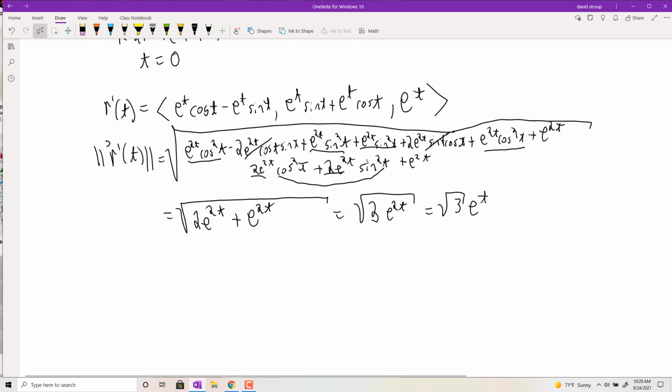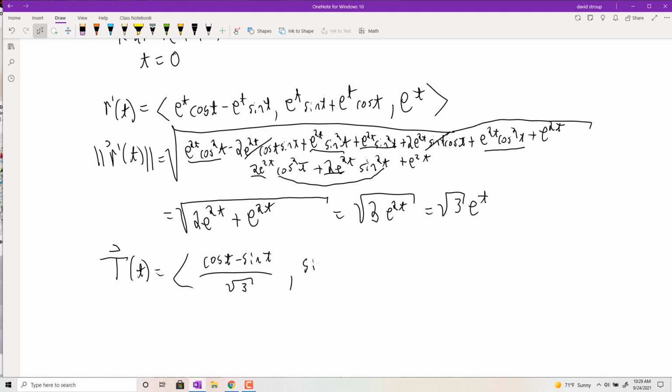Then you could form the unit tangent vector, T, which, doing a little bit of canceling, is cosine t minus sine t all over root 3, comma, sine t plus cosine t all over root 3, comma, 1 all over root 3.